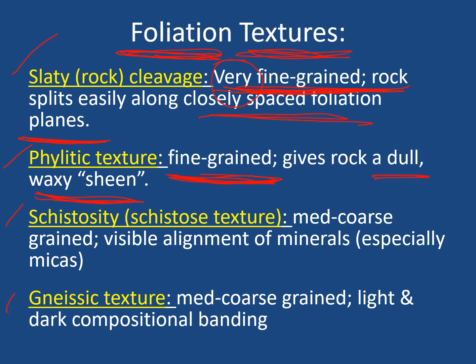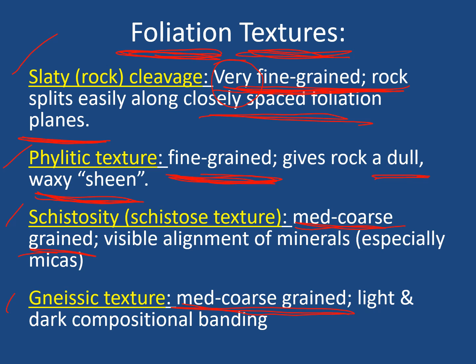Schistosity and gneissic texture are associated with more intense metamorphism, and at this point, the rocks become visibly grainy, meaning you can actually see the crystals. And that's true both for schistosity and also rocks that have a gneissic texture.